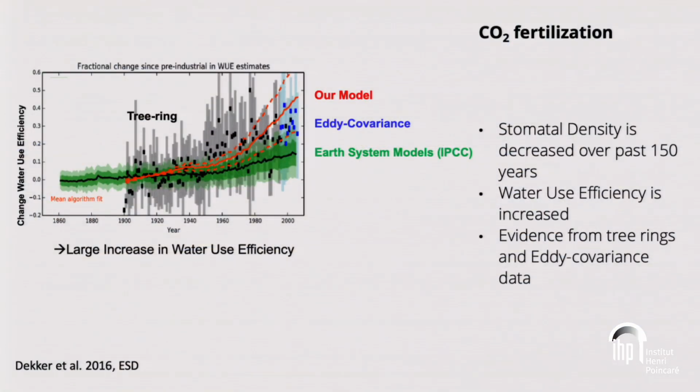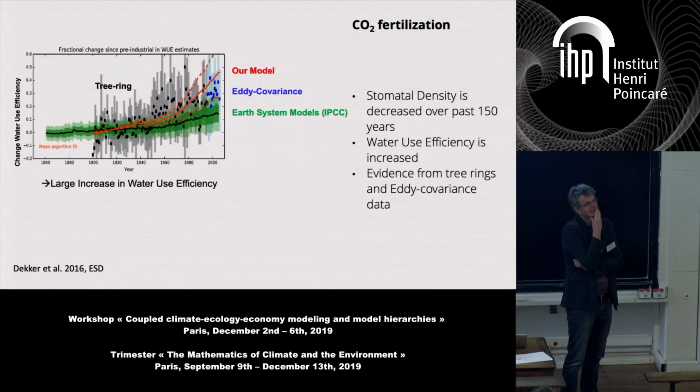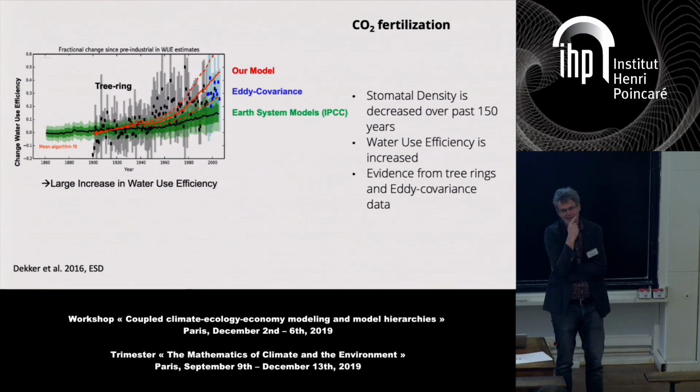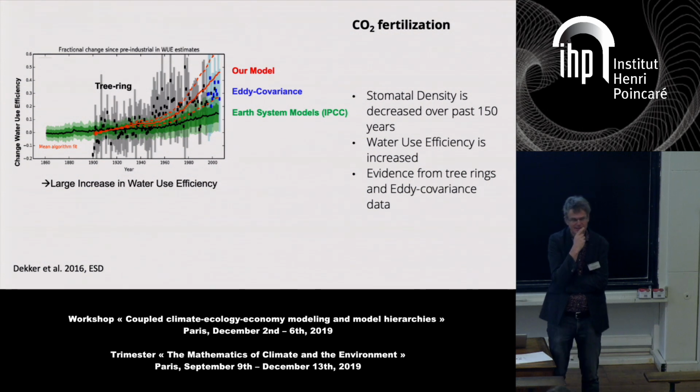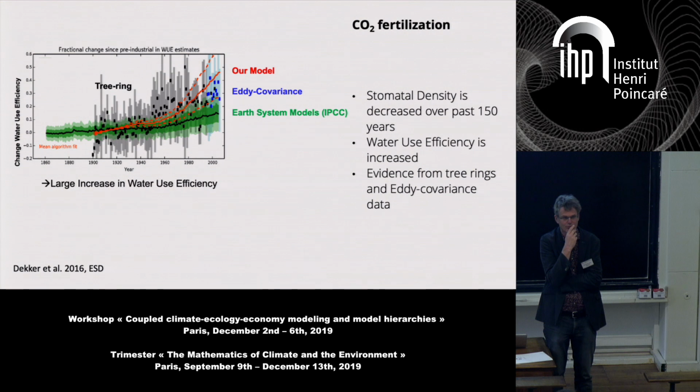What we think is that in the current Earth system models, the CO2 fertilization is not very well represented. So they would tend to underestimate biomass growth, perhaps, and thus the greening, at least the one due to CO2.